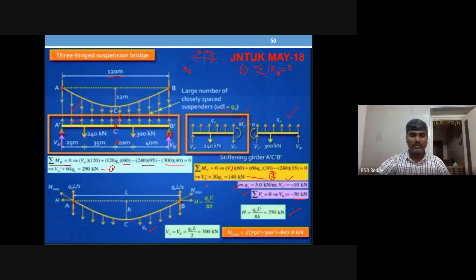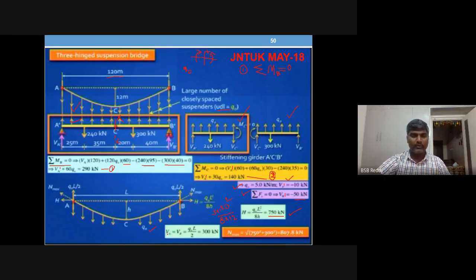So Q naught value is 5 and L is 120, 120 square. So 5 into 120 square divided by 8 times H, meaning the sag value 12. So this will give you the H value, horizontal thrust, 750 kilonewton.